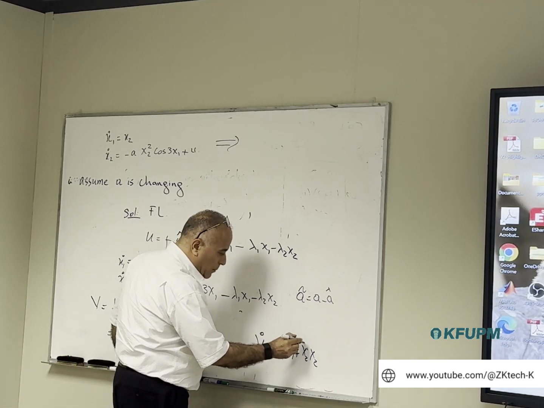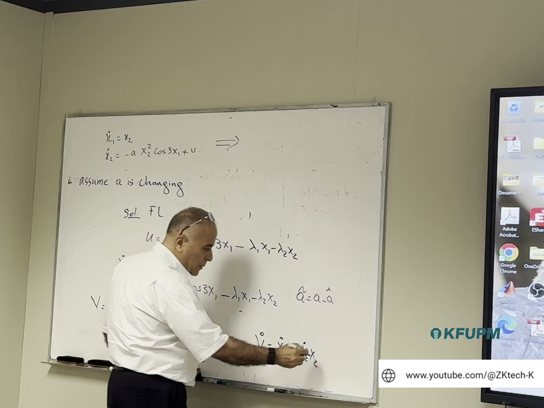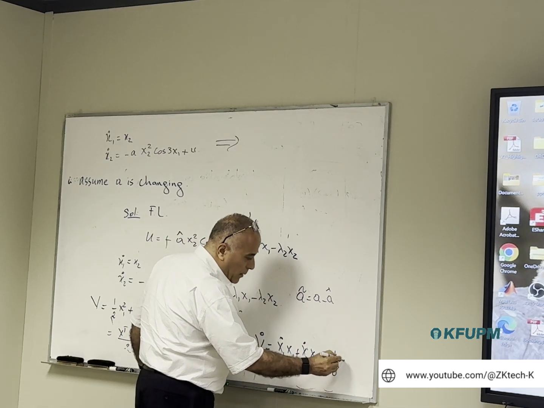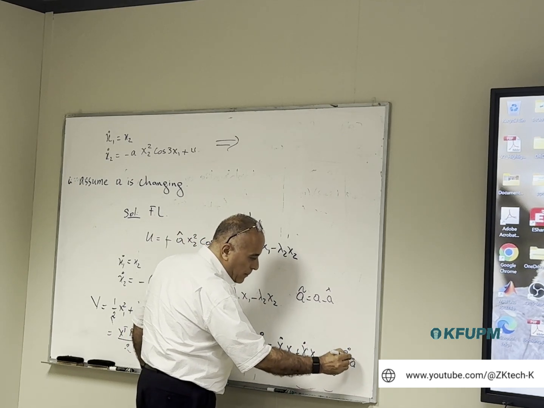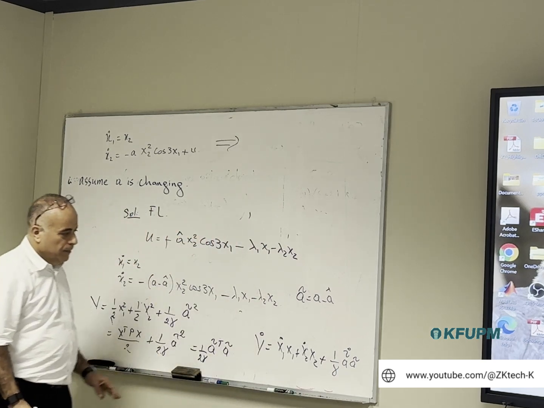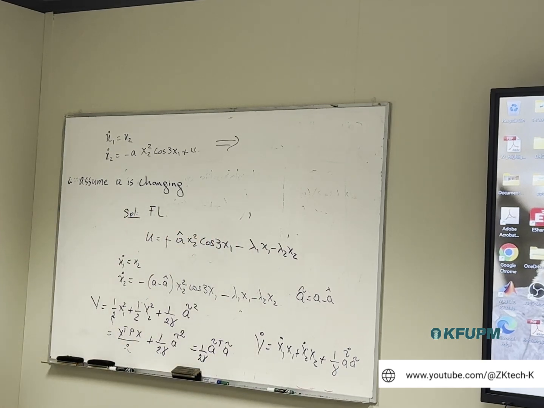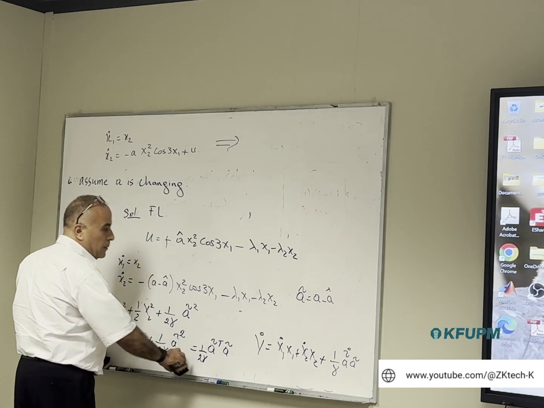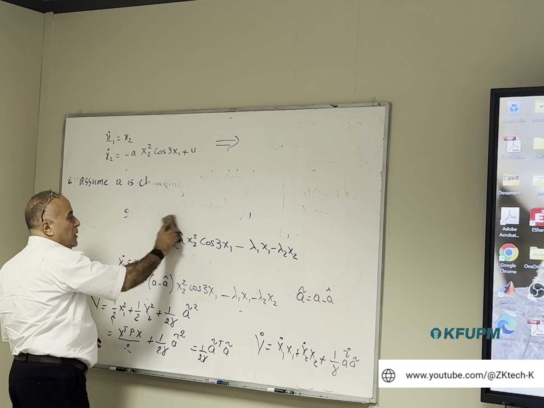This will be x2 prime times x2, plus 1 over gamma A tilde prime A tilde. Alright, next. Substitute x1 prime and x2 prime. So we compute x1 prime and x2 prime. What else?